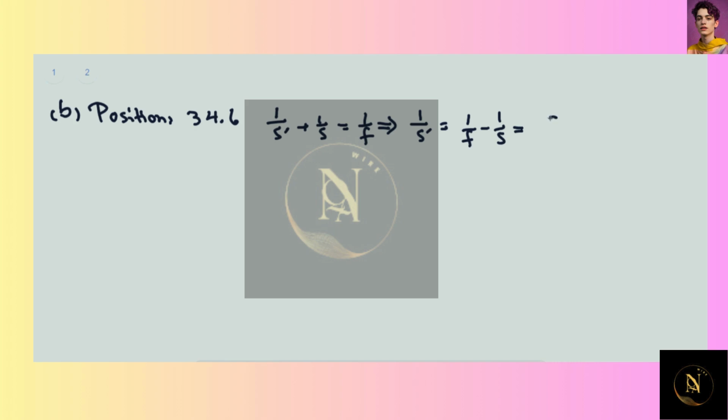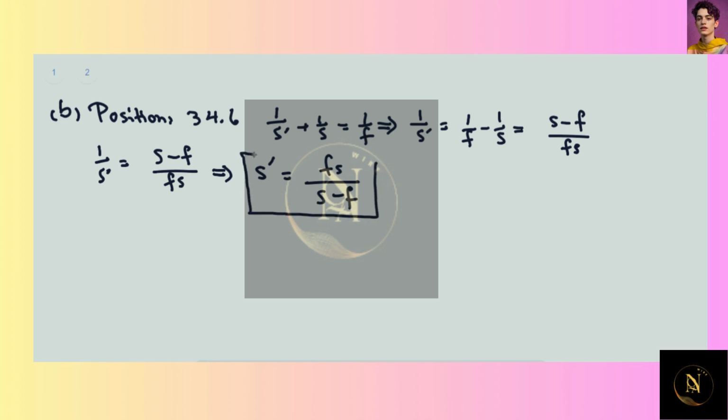So that will give me s minus f over fs. So I have 1 over s prime is equal to s minus f over fs. And then I just flip this. So I invert it, or take the reciprocal if you like. And then I'll have fs over s minus f. So this is the equation we'll be using to find the position.